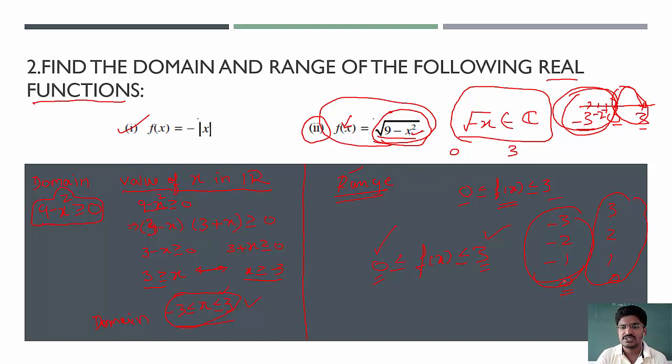If I put 0 here, it will be 9 minus 0. 9 minus 0 is what? Square root of 9, that is 3. So it is from 0 to 3. So range is from 0 to 3. Domain is from minus 3 to plus 3. Clear? Okay. Now let us move to the next problems.